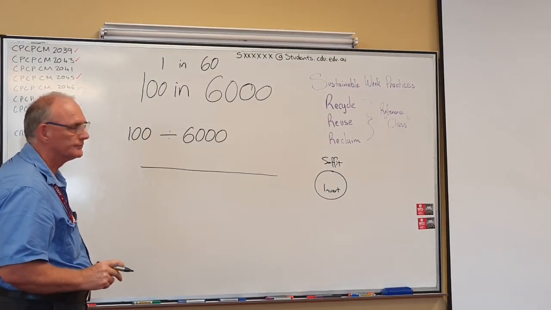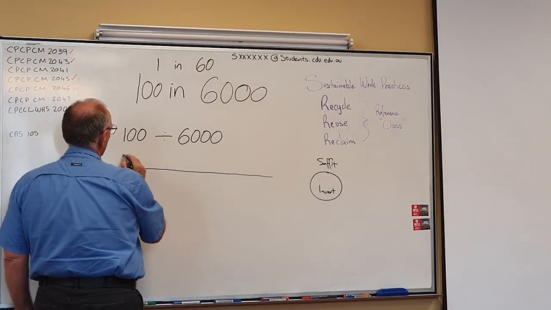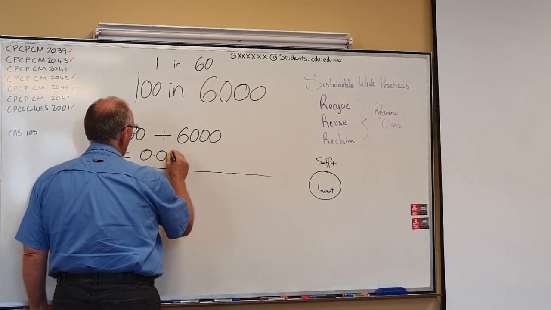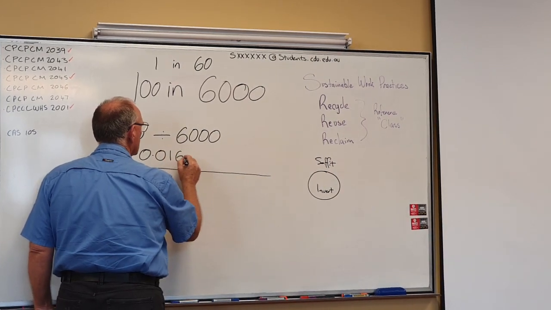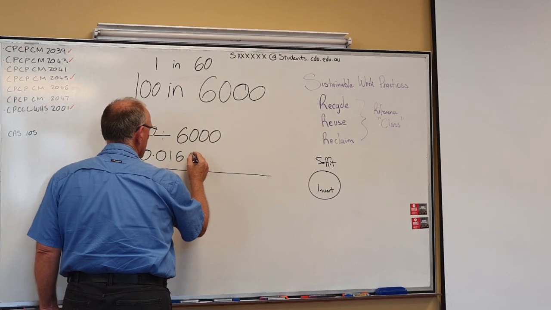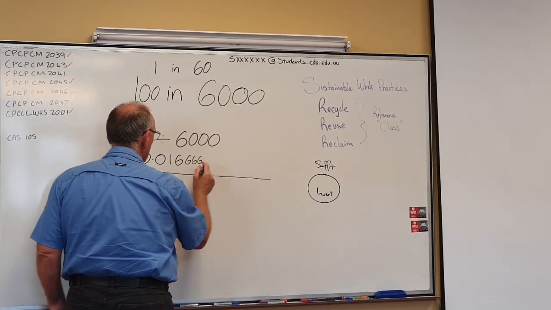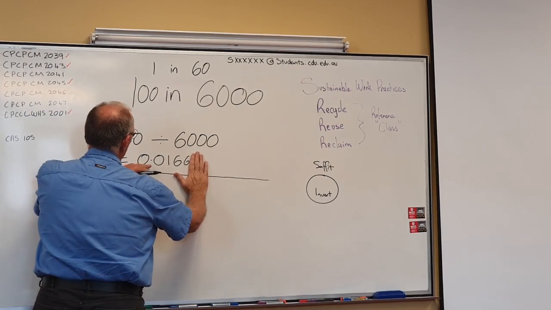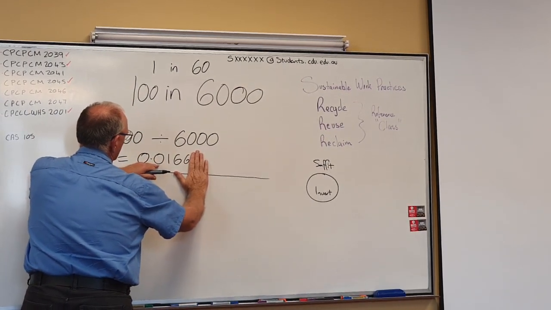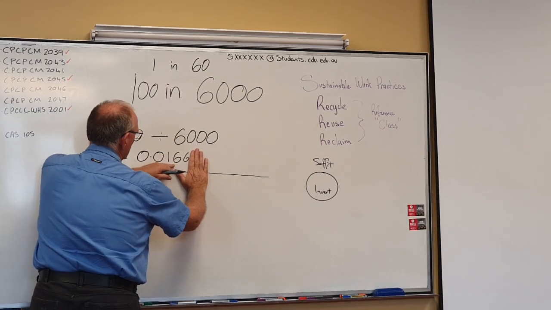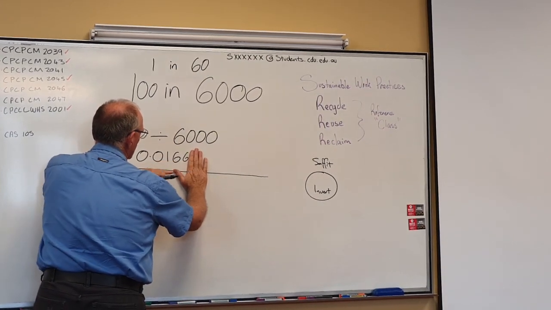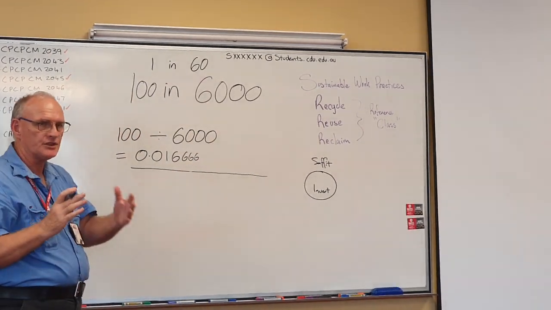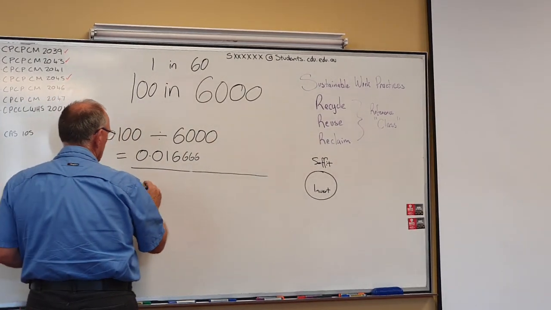What do you got? 0.01666. And what keeps coming? 6. So it's 6 recurring. So if we look at it like that, that is the hundreds. So that's 16mm, 0.6. And the ratio that they tell us, if it's a percentage, is 1.65%.